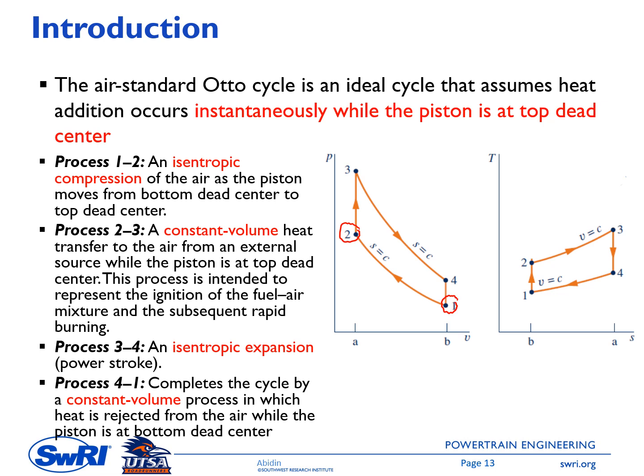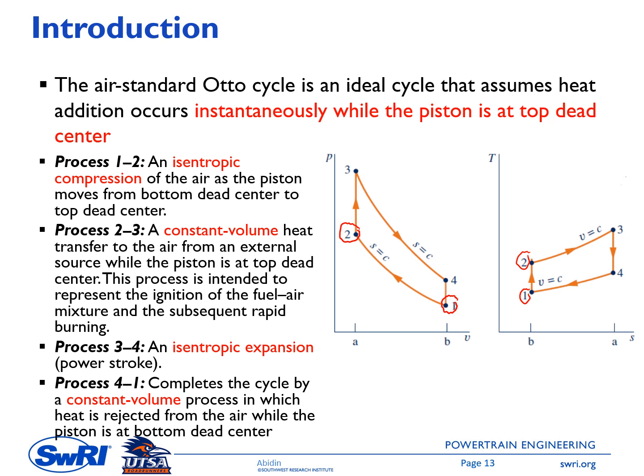In this case, air is compressed as the piston moves from bottom dead center to top dead center, and this process occurs isentropically, so it means the entropy is constant. If you look at the TS diagram, the line connecting point 1 to point 2 is a straight vertical line, so it means S1 equals S2.